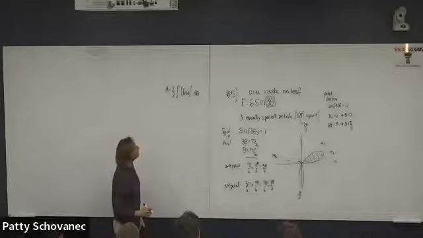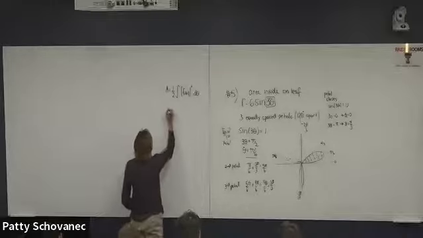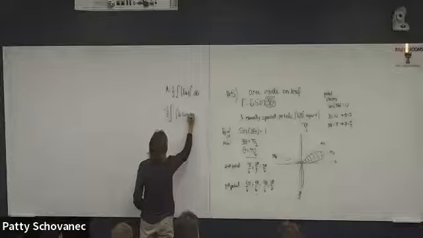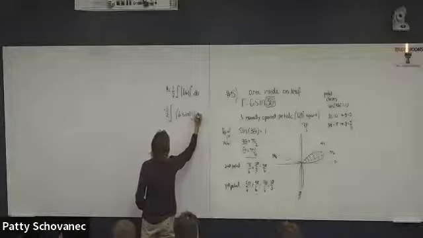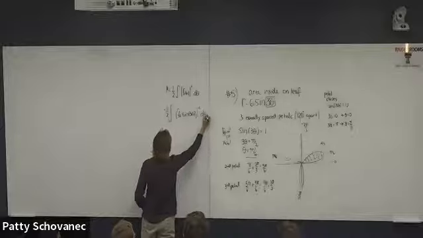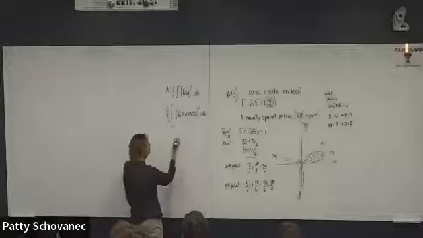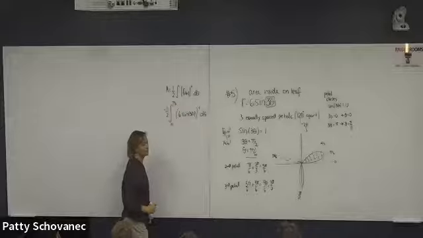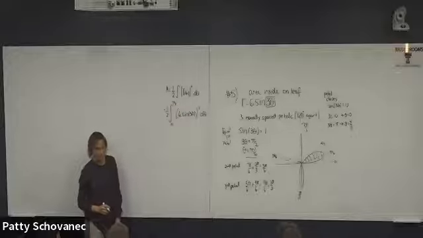R of theta is 6 sine of 3 theta. And then I said it runs between the consecutive zeros of 0 to pi over 3. Okay with you?